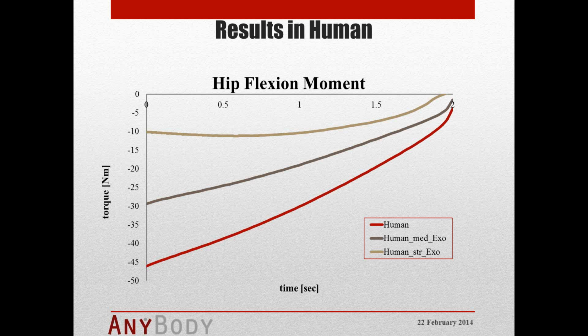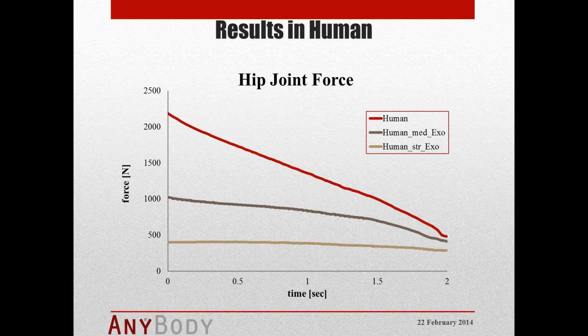This can be seen also when we look at the joint reaction forces in the hip of our human subject. The human itself is again the red line. He has at the beginning almost 2.5 times body weight, maybe even a little bit more, and that is reduced toward the end while he is standing straight up.